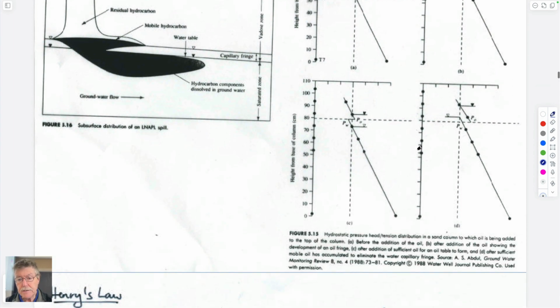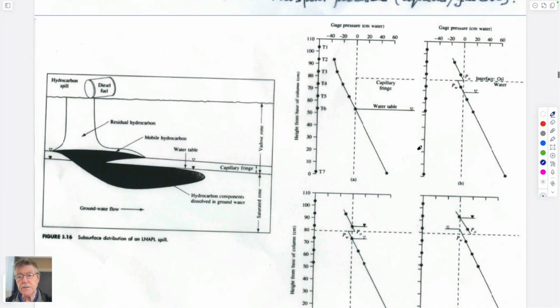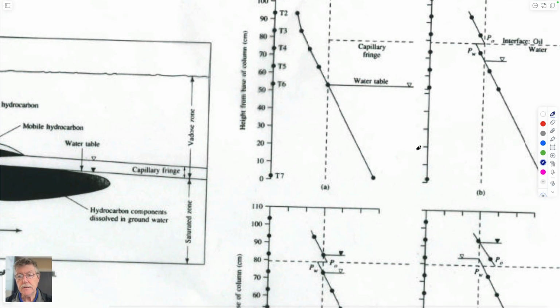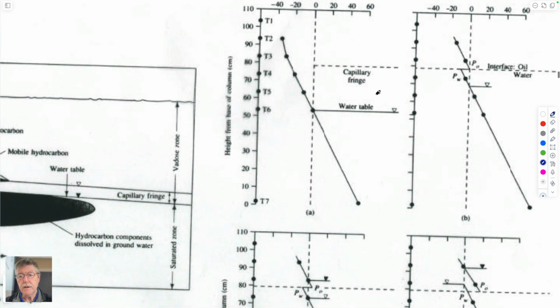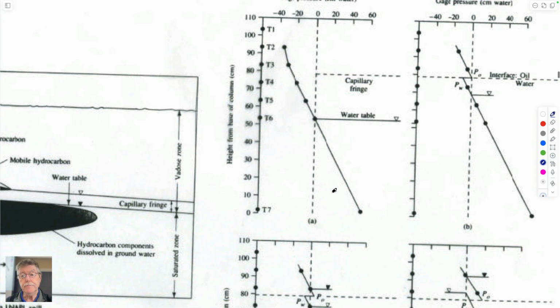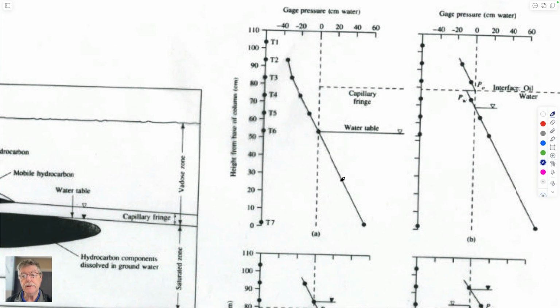I don't know if it's the same experiment, but the sequence now, just to confuse you, is from A to B to C to D, so it's not vertically arranged. But the same deal. So now you start off with the section with these pressure measuring gauges in, tensiometers.